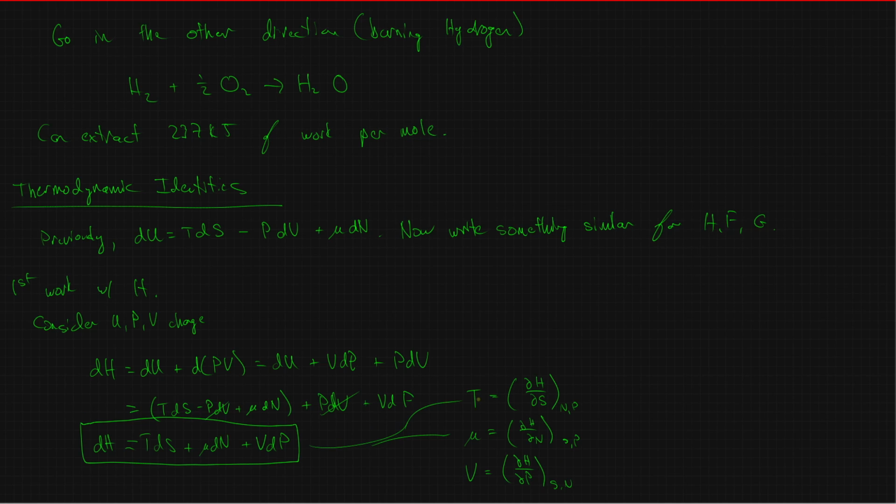For example, if you want to find the slope of H with respect to the pressure at a non-standard pressure, you could integrate this relationship. You can get it at a different pressure if you know it at a certain one. So you can use these relationships to take what you find in a table and put it into a different environment.